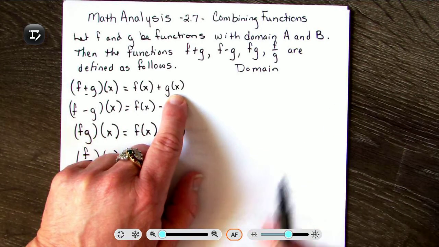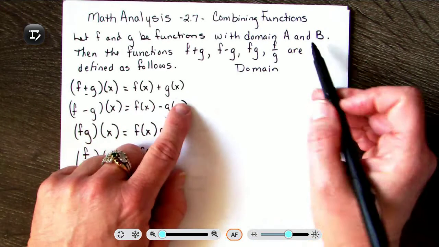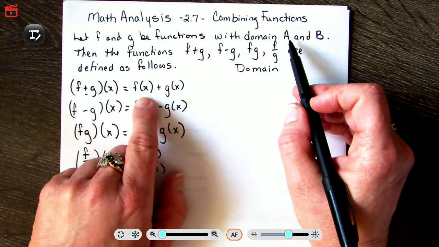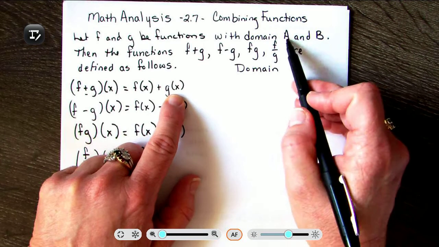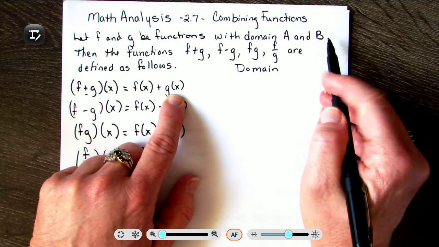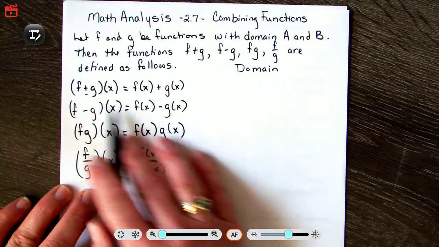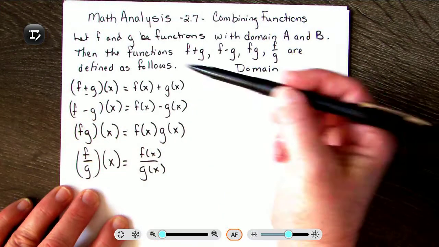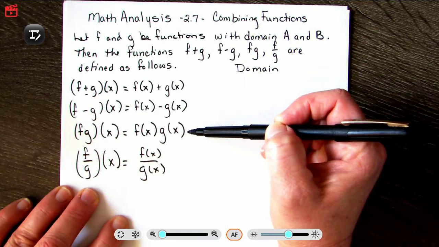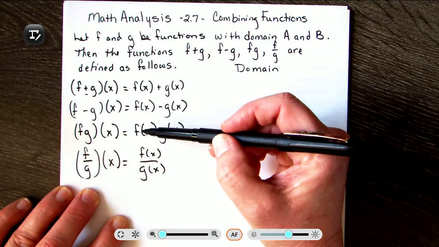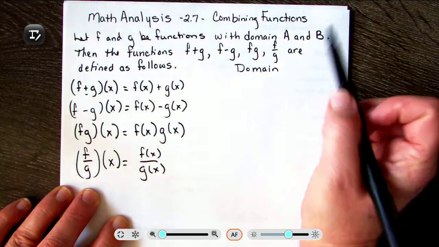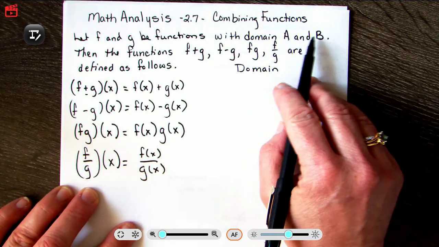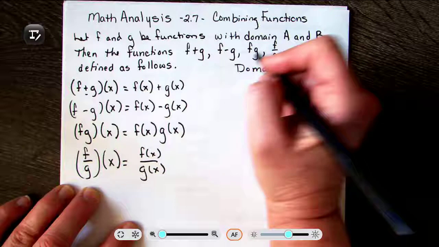So if we're going to have a value, that value has to go into both of those, so that value has to be found in both of those domains. So for the domain of our combination functions, these first three at least, we have to be able to evaluate f of x and g of x. So we're going to be looking for what A and B have in common.